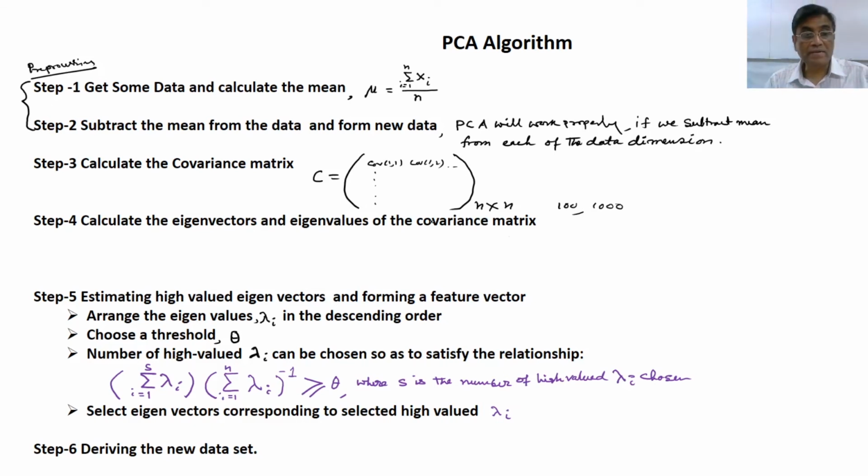Now, once you have got the covariance matrix, then estimate the high valued eigenvectors, and your job is to form a feature vector. So form a set of feature vectors, actually.